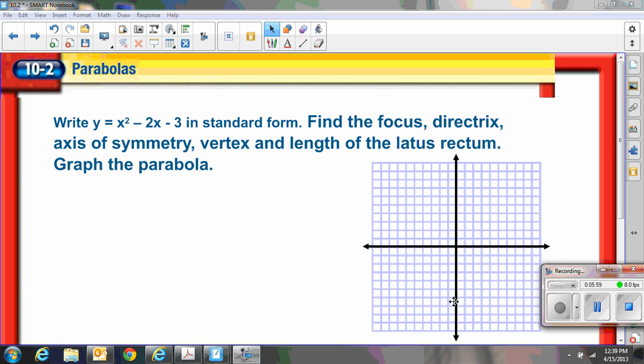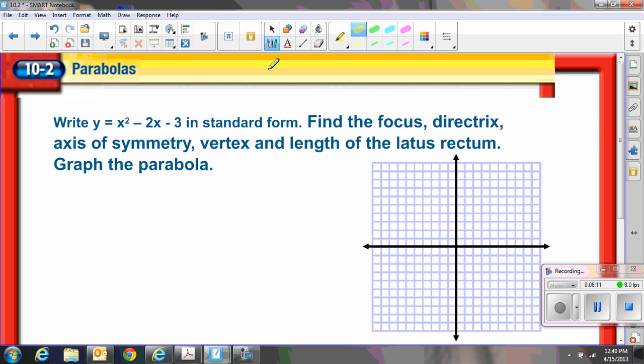Okay, I brought a graph in here. To help us get from this, which is called general form, to standard form, if you remember way back when we dealt with quadratics, is to complete the square. To complete the square, to refresh your memory, we take the b term, divide it by 2, and then square it.